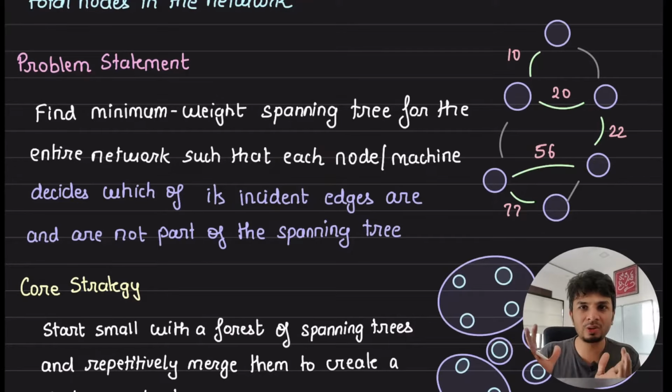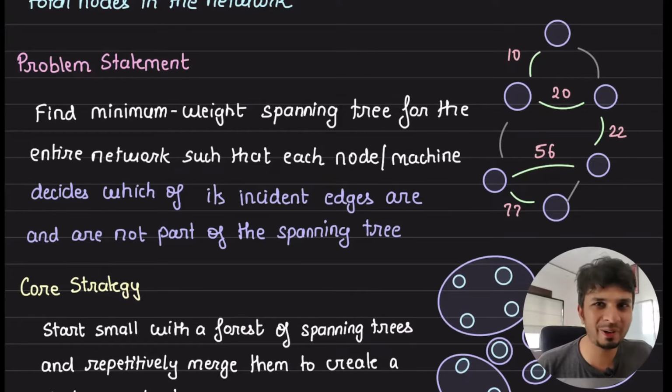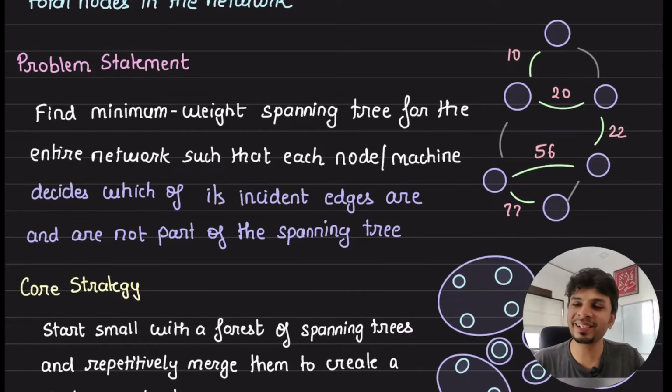Let's say a node has 4 incident edges. After this algorithm is completed, it should know which of these 4 edges are covered and which are not in the spanning tree, because there would not be anyone who has the entire information. This is the best part and the worst part about distributed systems, and this is what makes it really fun to understand them.